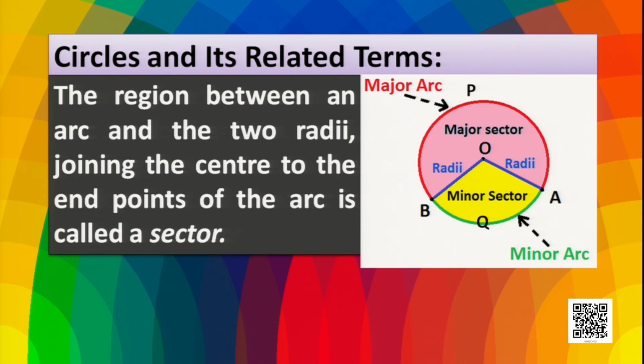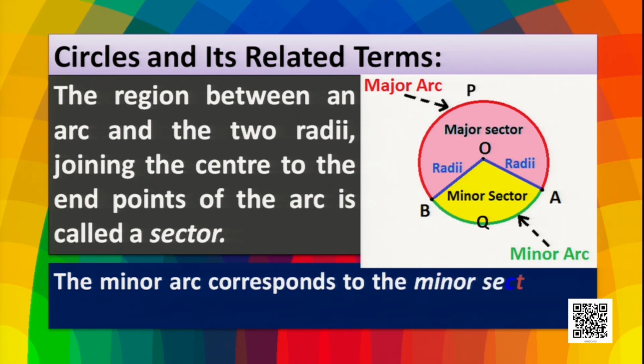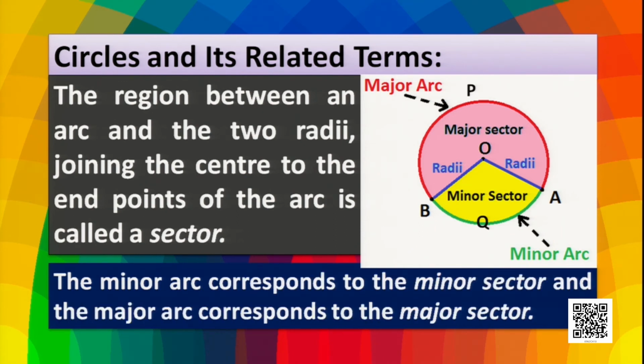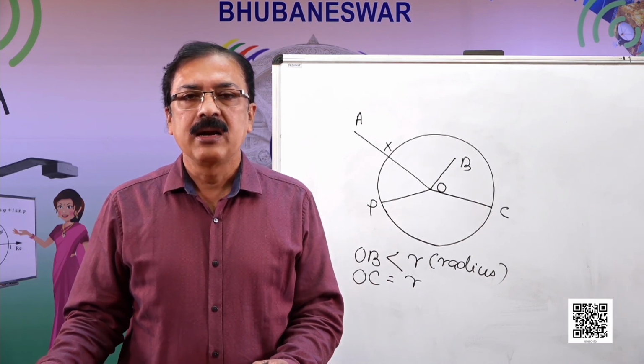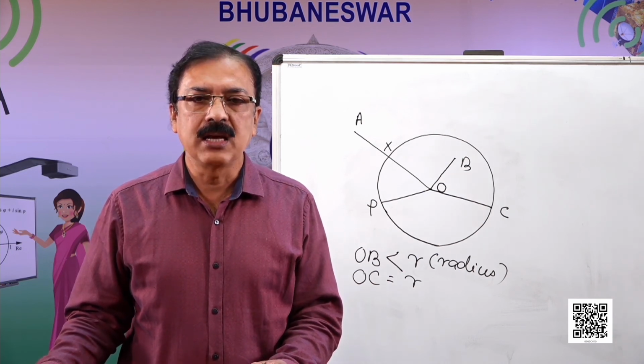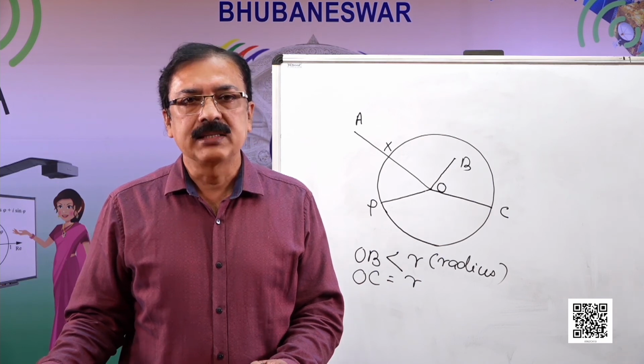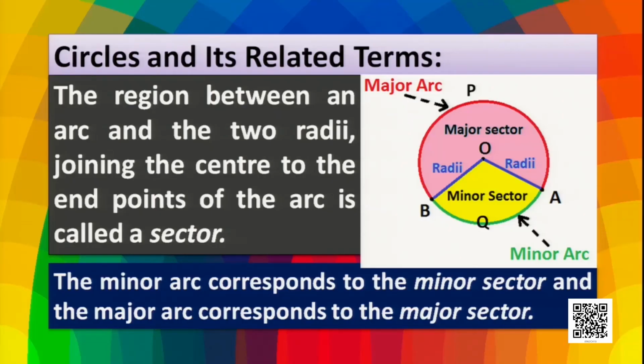Now the sector related to the minor arc is called the minor sector. Similarly, the sector corresponding to the major arc is called the major sector. Here also we can divide the circular region into two parts: two sectors, one minor sector and the other major sector.